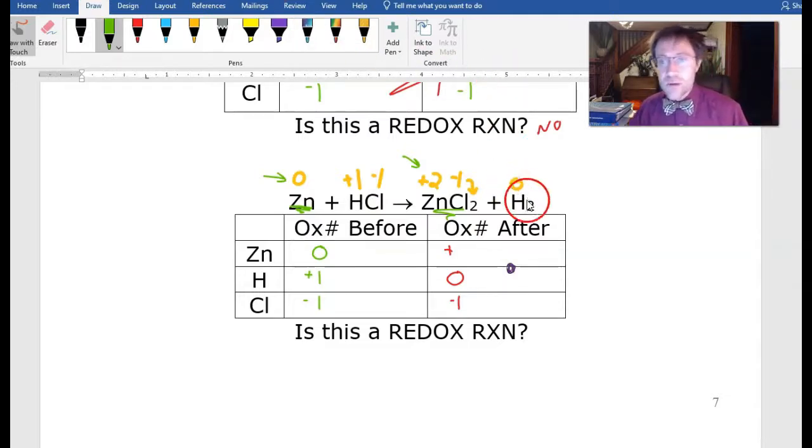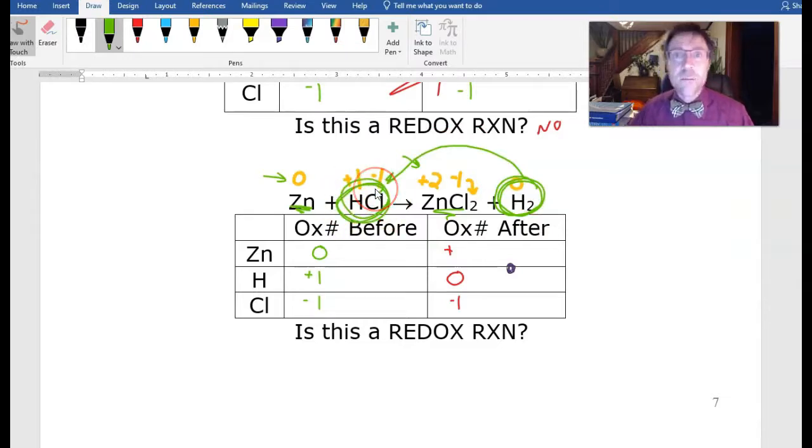Same thing with the hydrogen. There you got hydrogen all by itself, uncombined, and over here on the other side of the chemical reaction, it's in a compound. Guaranteed. If you have something in a compound on one side and an element on the other, you don't even have to go any further. And this is something I need you to be able to do, to look at a chemical reaction and recognize whether it's a redox reaction or not.